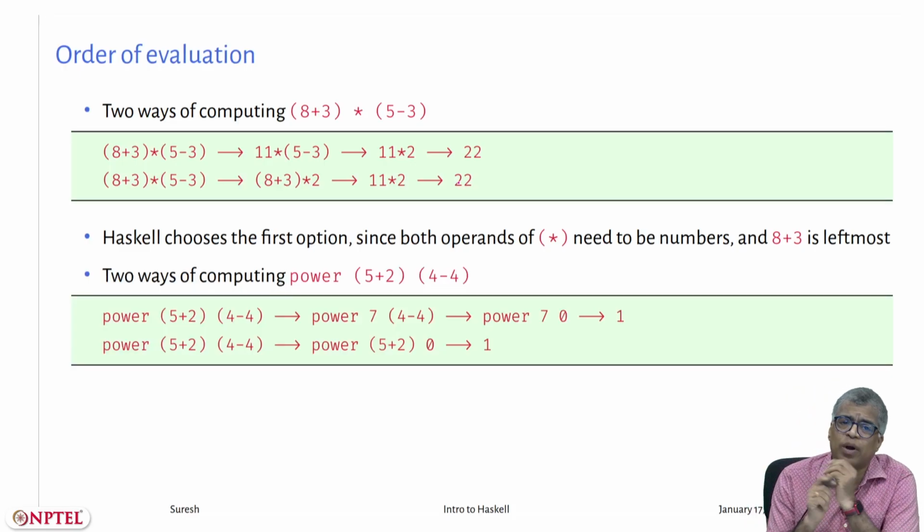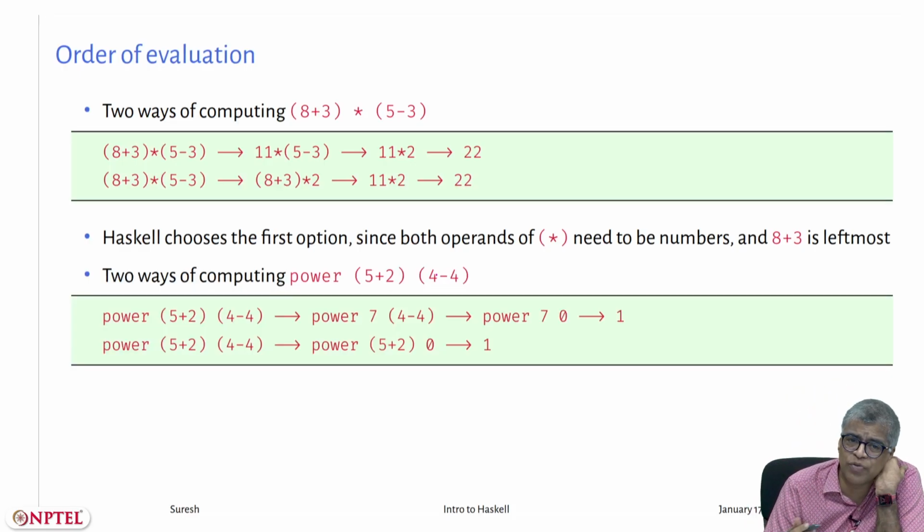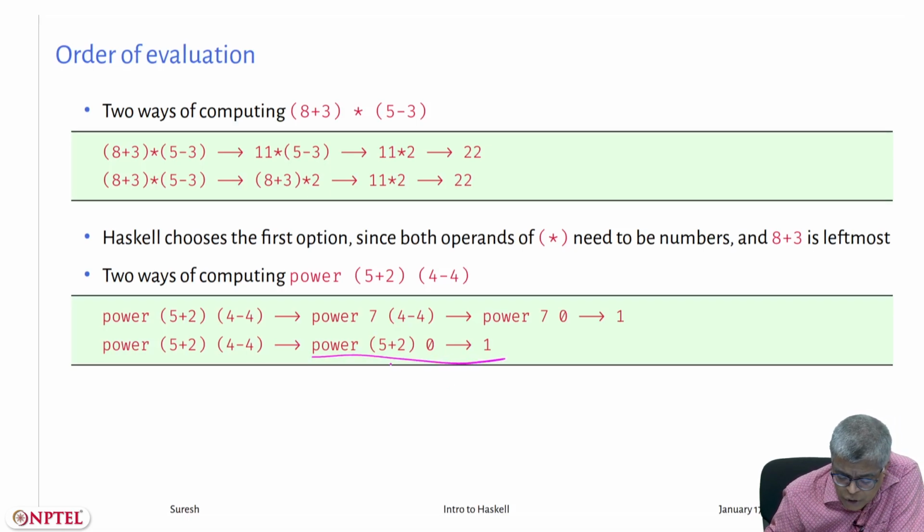Now, there are two ways of computing power 5 plus 2, 4 minus 4. Look at this. 4 minus 4 is 0. So, power 5 plus 2, 4 minus 4 you could either say power 7, 4 minus 4, which is power 7, 0, which is 1, or power 5 plus 2, 4 minus 4, which is power 5 plus 2, 0, which is 1. Here, you are applying the first rule.